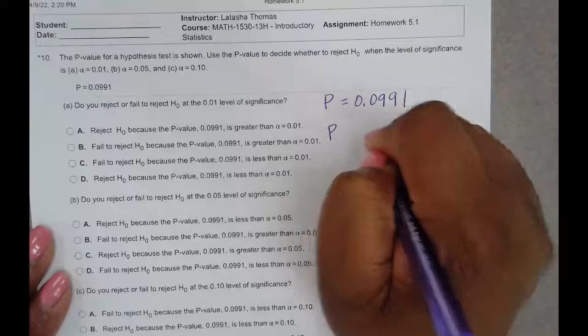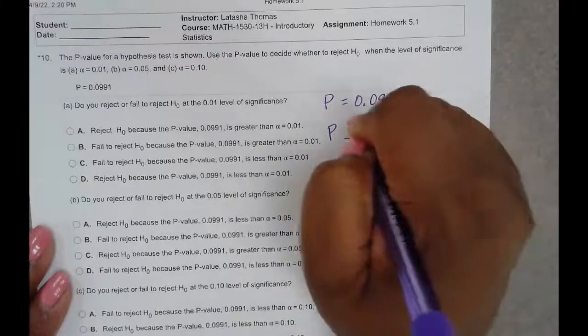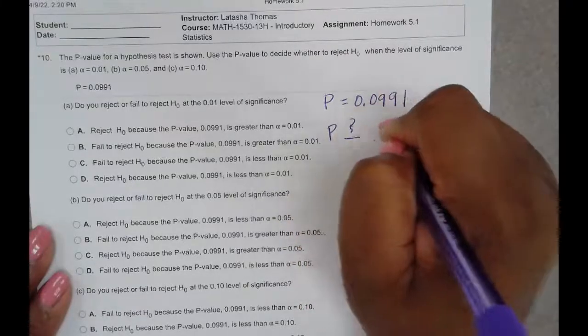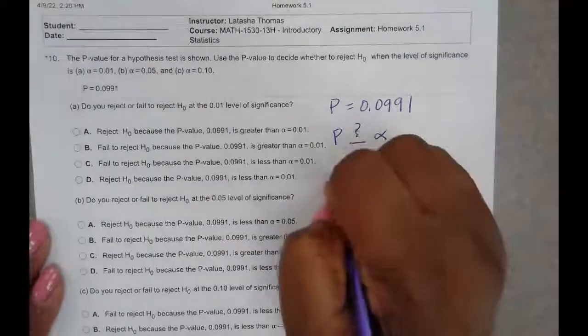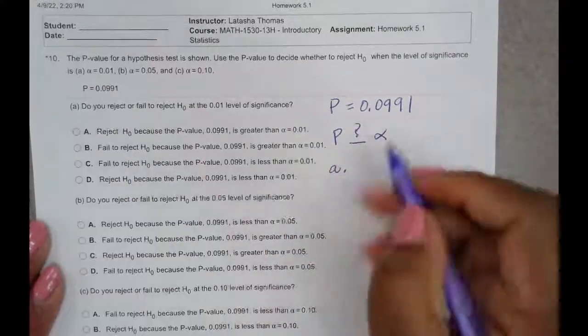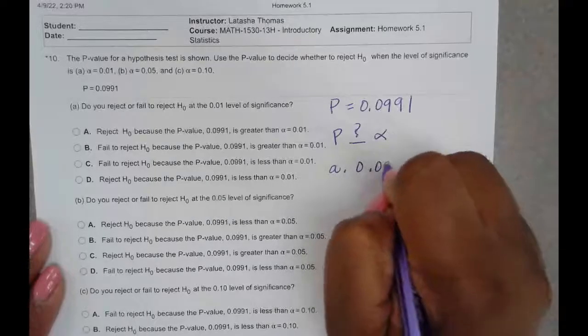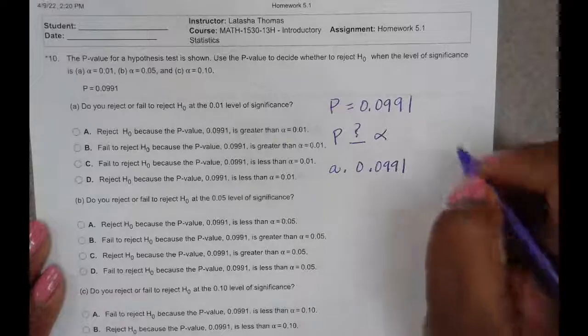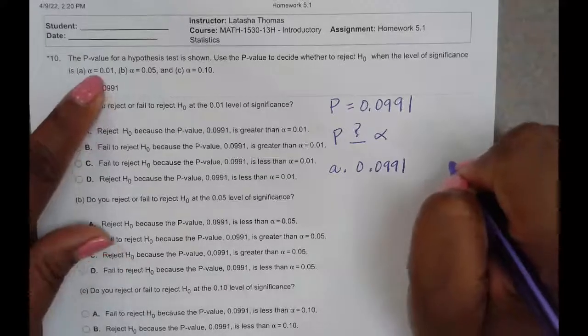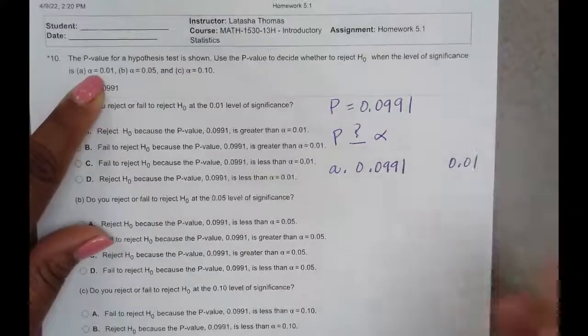P is something to alpha. That's what we're going to write for each statement. So let's start off with A. P, 0.0991, and our first alpha is 0.01.